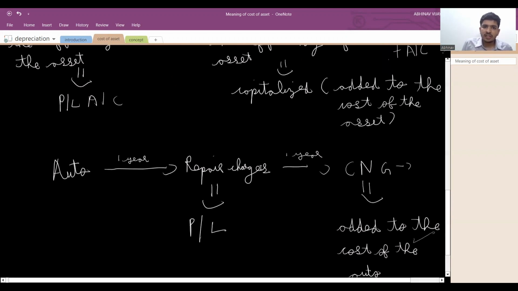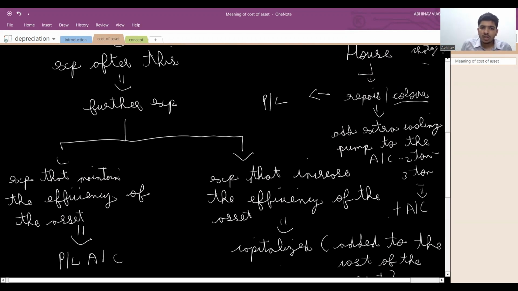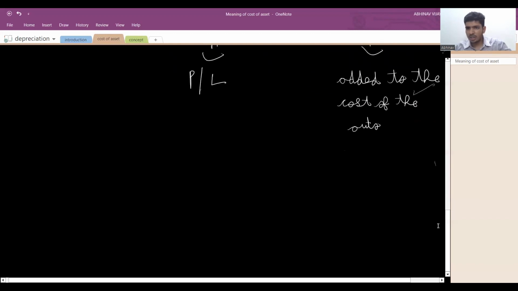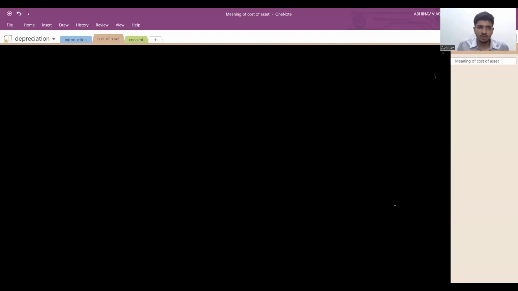Right? As given in this example. After bringing it to the place of use, expenses that increase the efficiency of the asset will be capitalized, that is added to the cost of the asset. Concept is clear? Now, I'll give you questions and show how examiners will ask you.